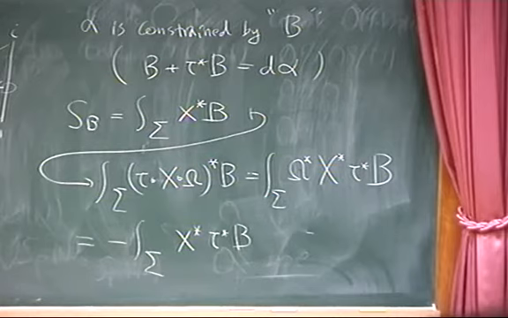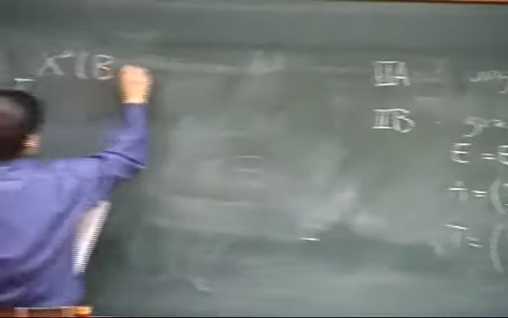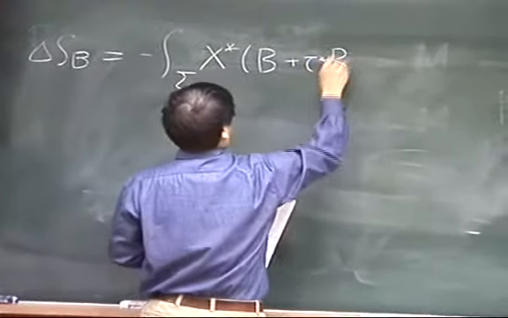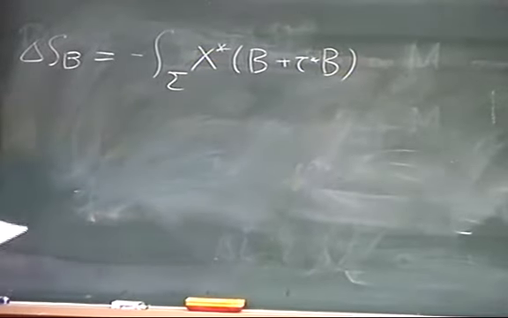So the change is minus X star (B plus tau star B).